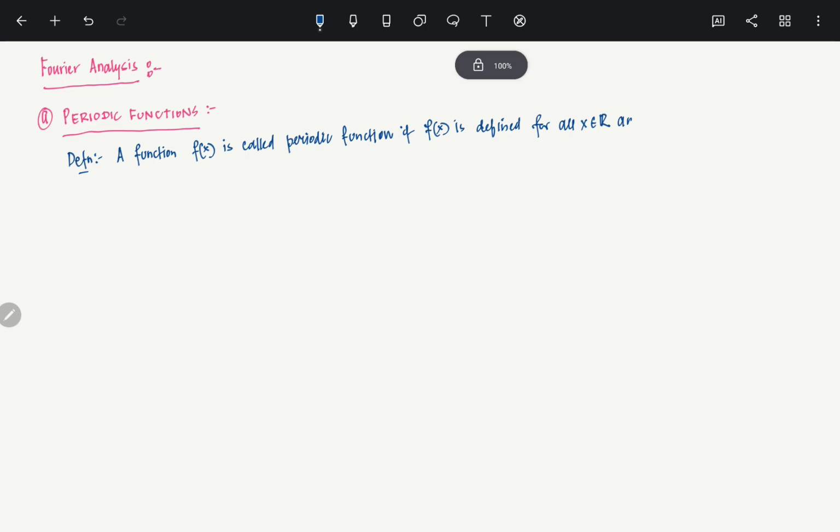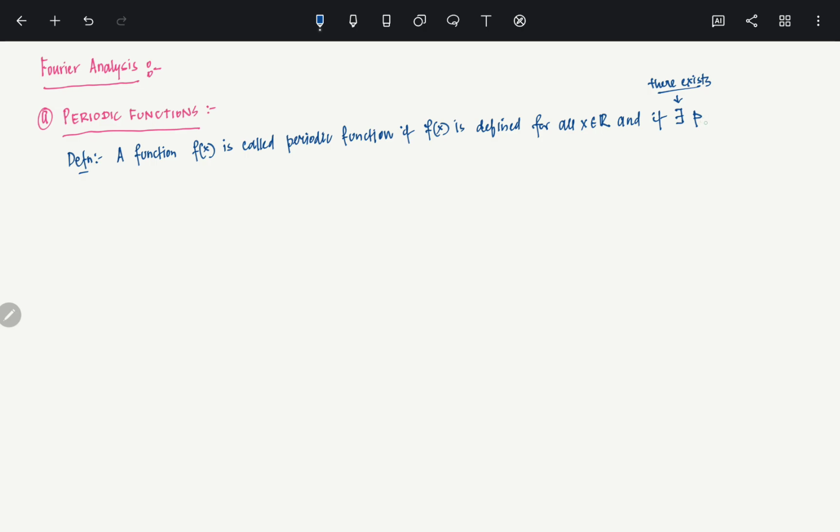And moreover, this is very important, if there exists, this sign means there exists, a p, the period.